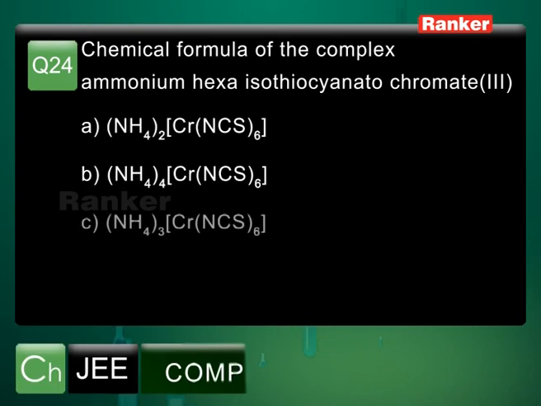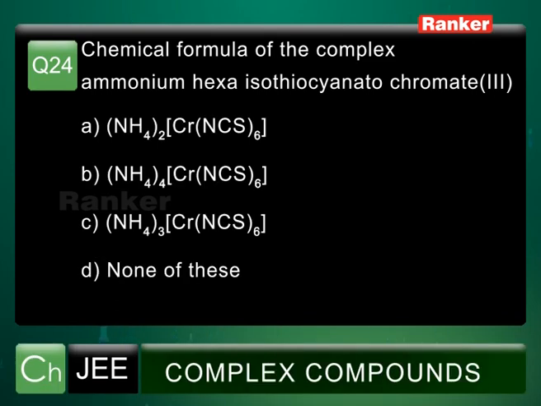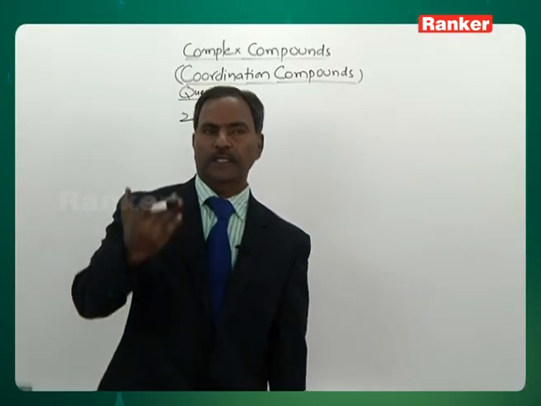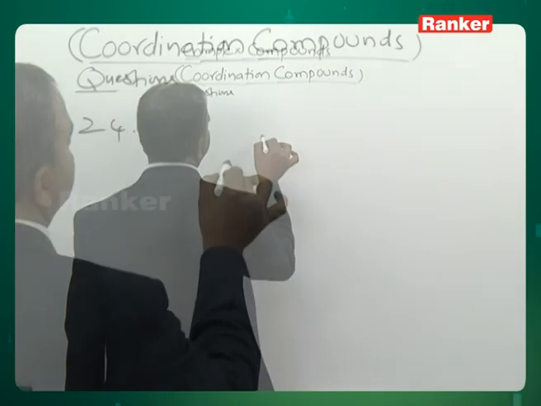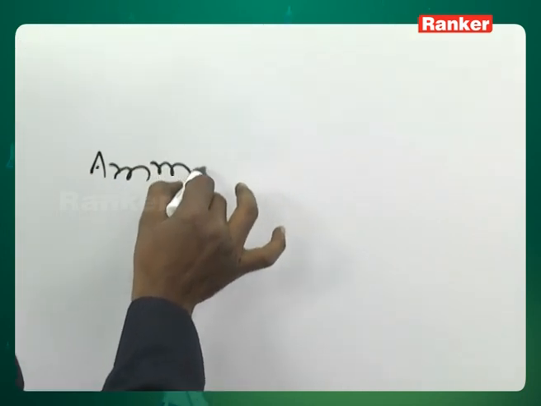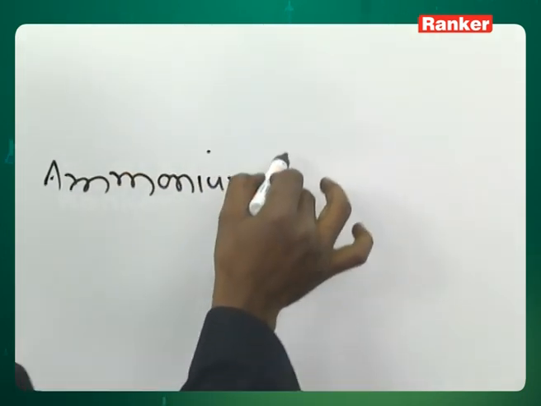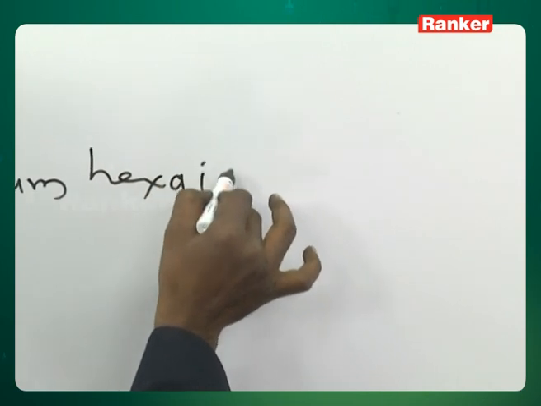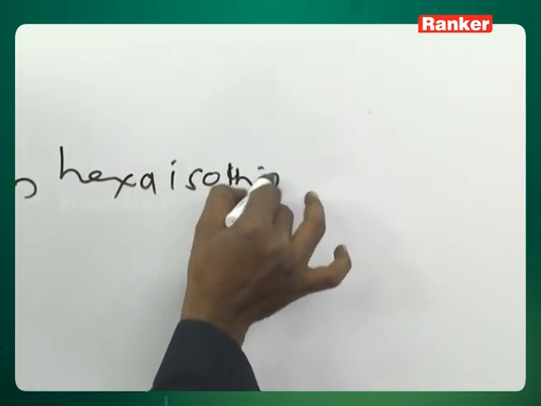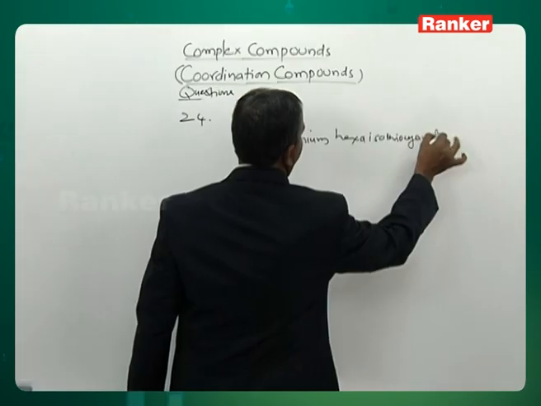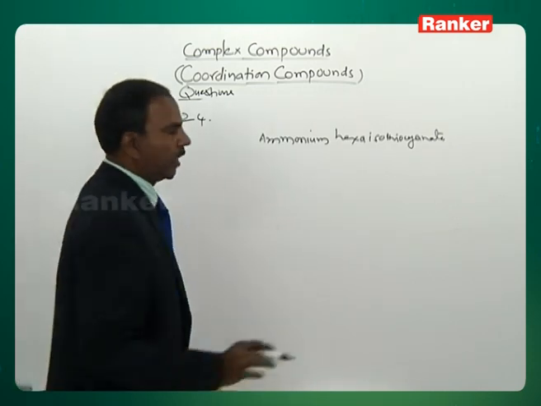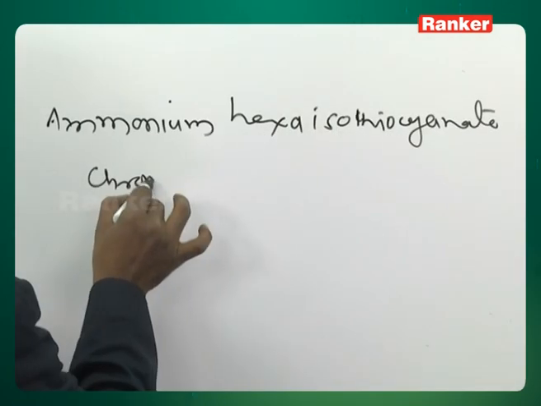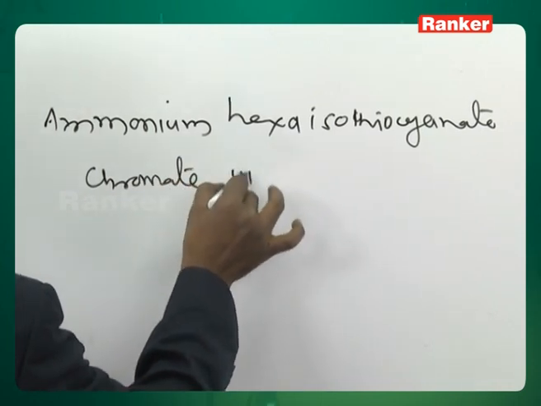24. Chemical formula of the complex ammonium hexaisothiocyanato chromate 3. Let us take the name. First write the formula, then check the options. Ammonium hexaisothiocyanato chromate 3.